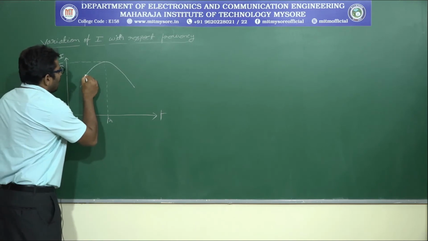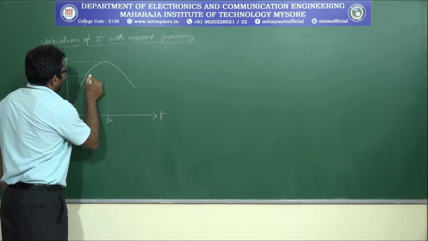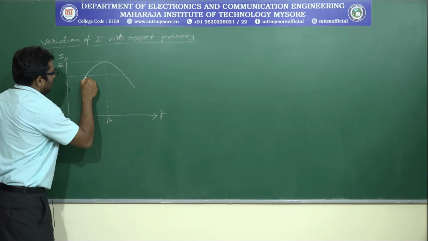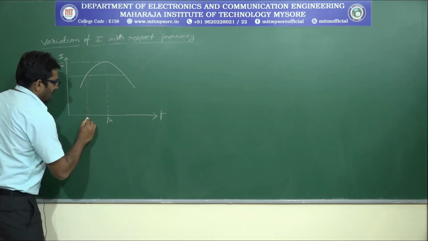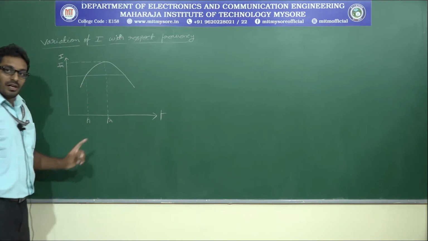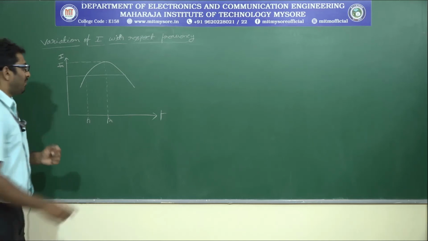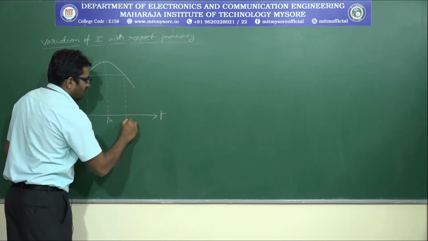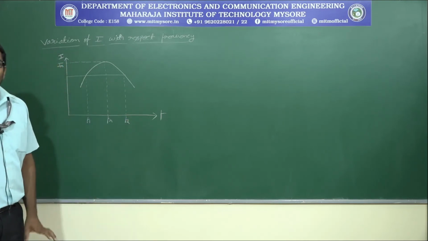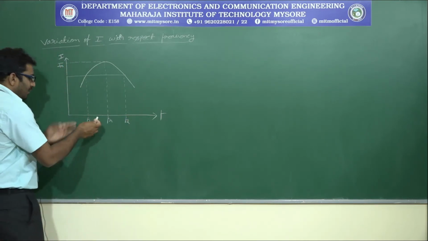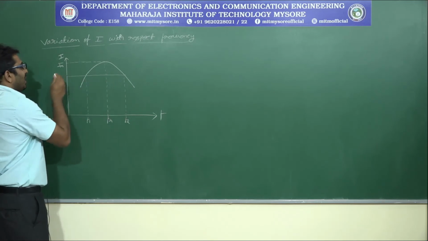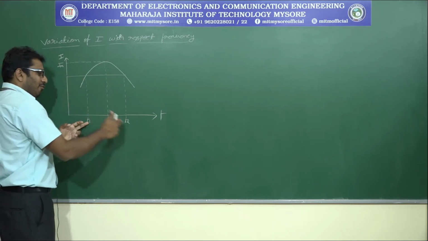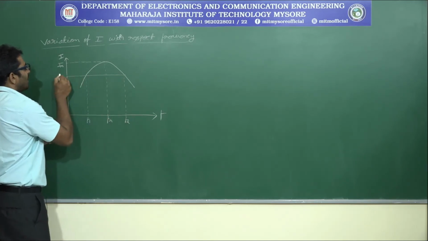Let me mark two band frequencies. This one is known as F1, also called the lower cutoff frequency, and this one is F2, the upper cutoff frequency. At frequencies F1 and F2, the current value is the same.